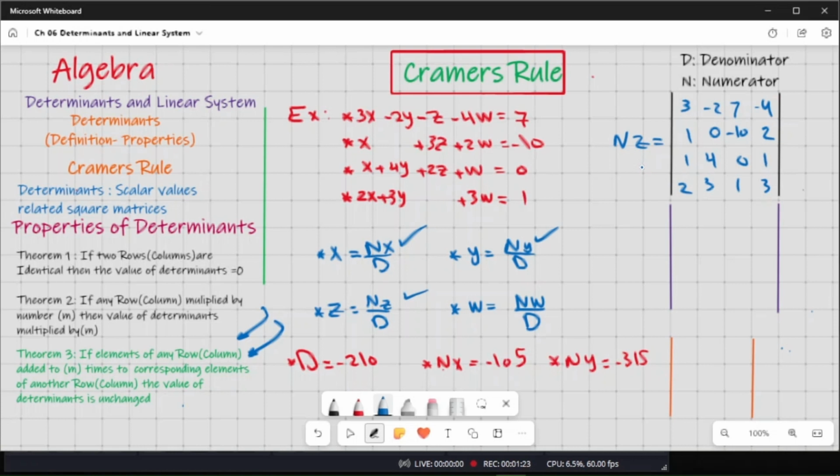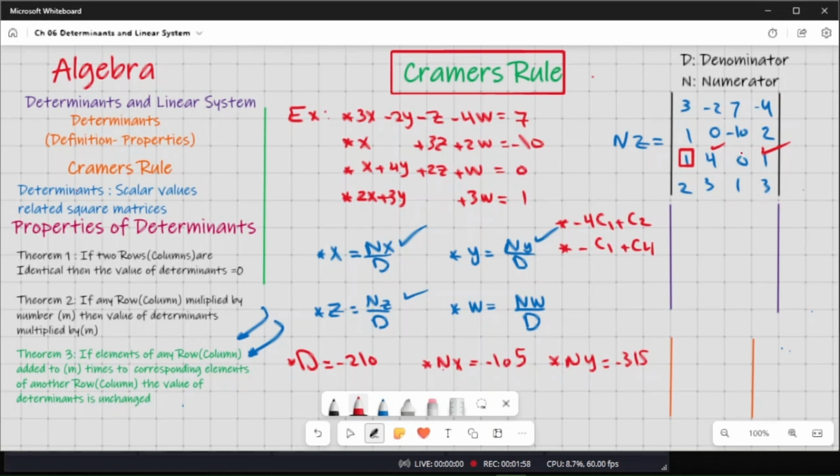We have here this element equal to 1, so we can make our operation. So we have here 4 converted into 0, here 1 converted to 0. Our operation is to multiply first column by -4, then add to second column, multiply first column by -1, then add to fourth column.